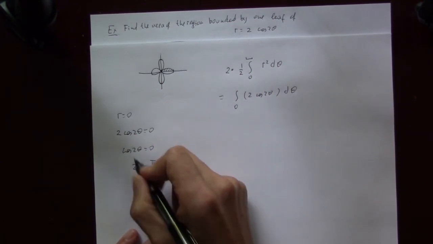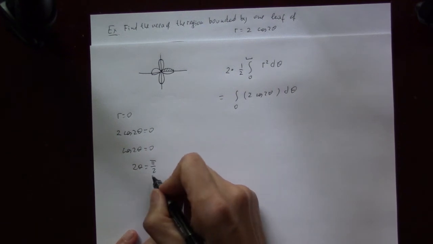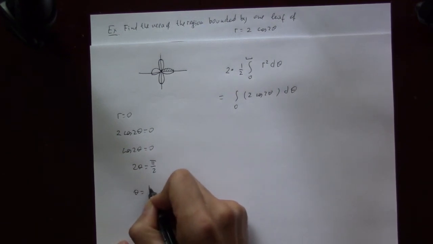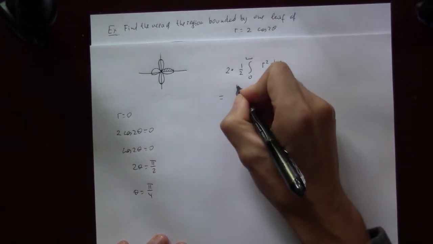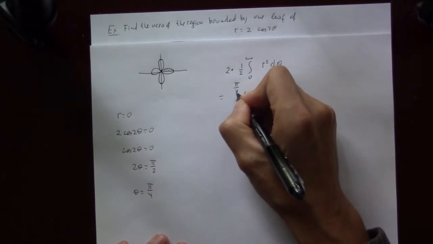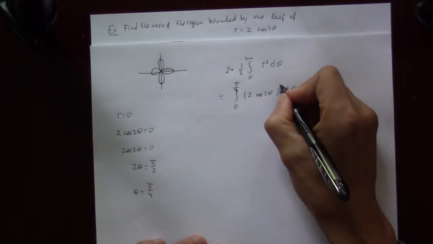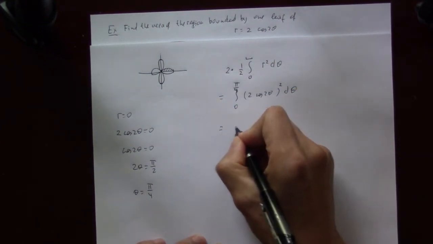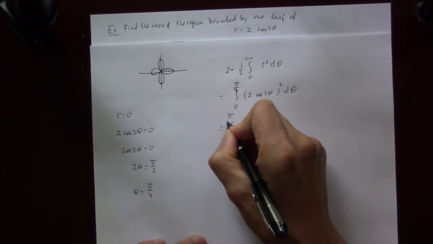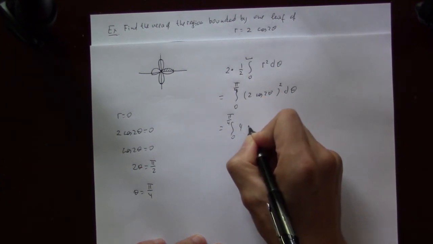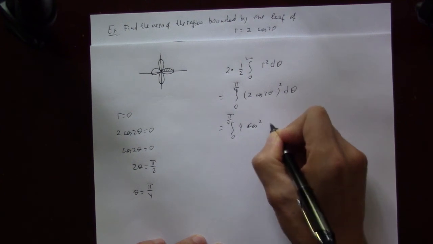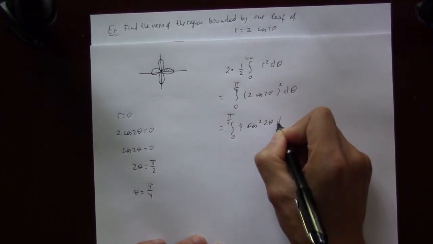So in our case, 2 theta equals pi over 2, so theta equals pi over 4. So our upper limit is going to be pi over 4. Don't forget to square it. So we have 0 to pi over 4. Square it. So we get 4 cosine squared 2 theta d theta.